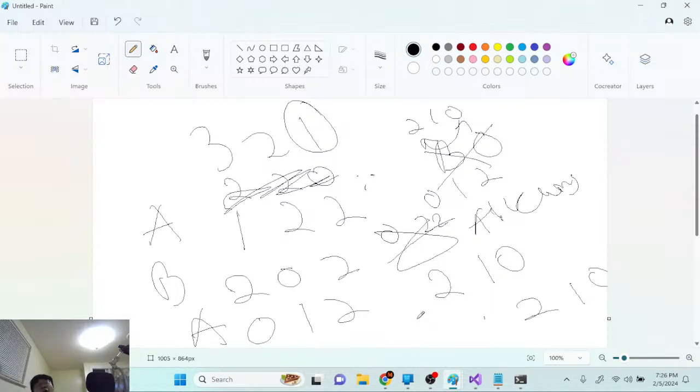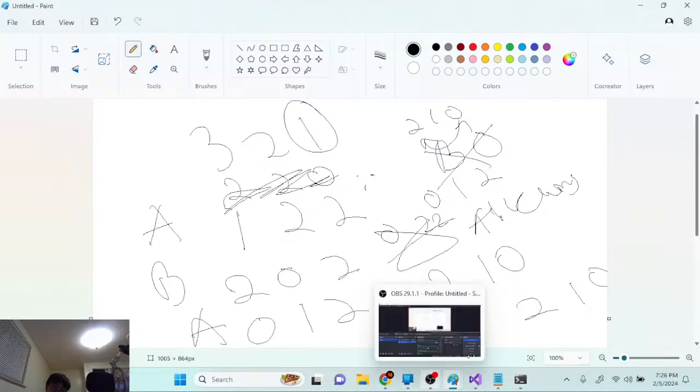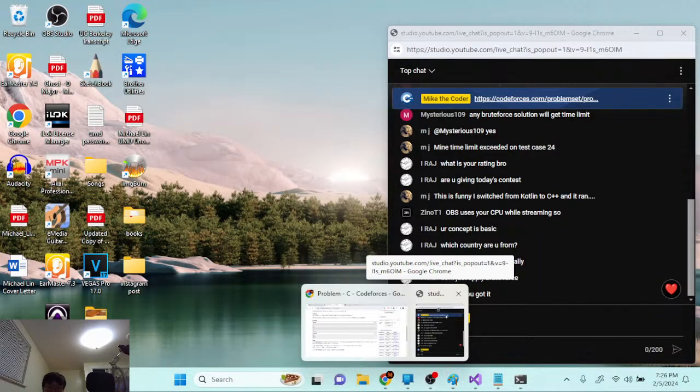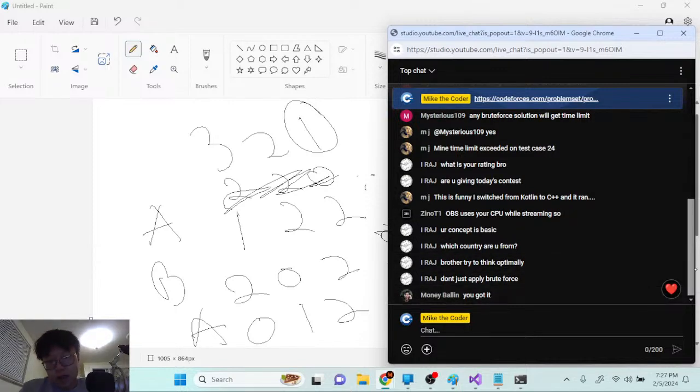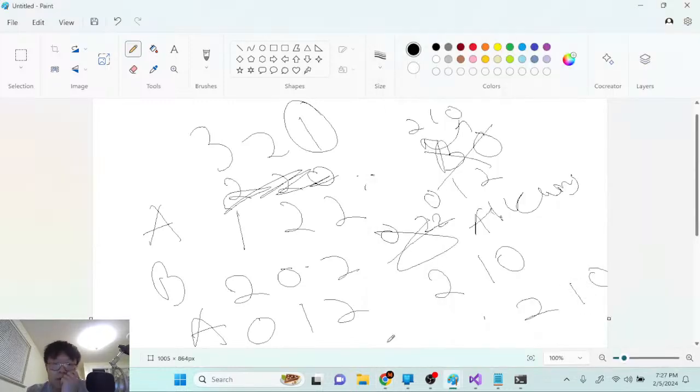A hits 0. This is hard. Because you hit 0. Hmm. 202. How do you get that?